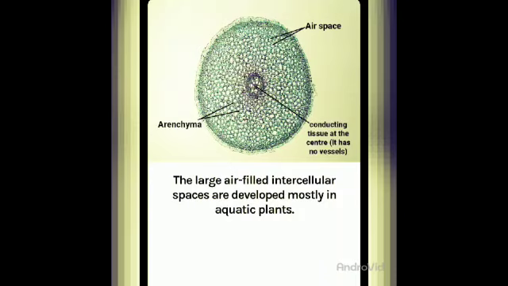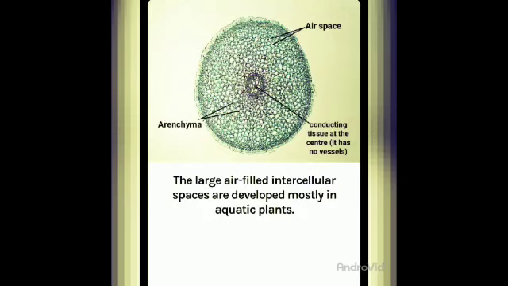This is a microscopic view. So the large air-filled intercellular spaces are developed mostly in aquatic plants. We have already seen the intercellular spaces. It is the property of parenchymatous tissue. You have already learned in the previous part that the parenchyma are thin-walled.